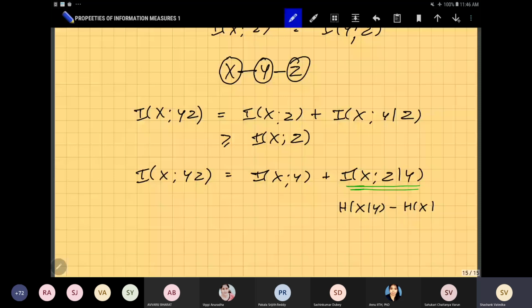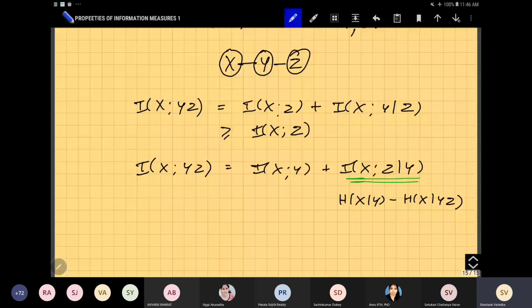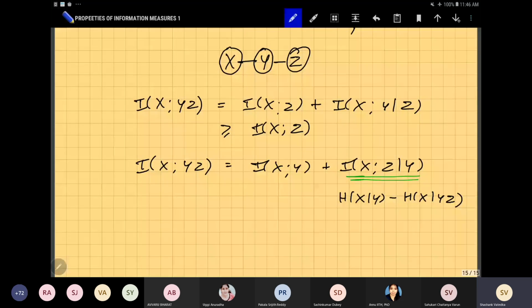And we've seen that X, Y, Z forms a Markov chain. So conditioned on Y, X is independent of Z. So this is H(X given Y) minus H(X given Y), which is equal to 0. So this quantity is 0.